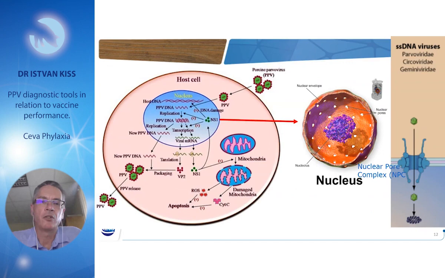And just coming back to this mechanism with ROS and apoptosis, it is important because a certain parvovirus, a rat parvovirus, is used against glioblastoma in humans, and to my best knowledge, it is already over the experimental period.